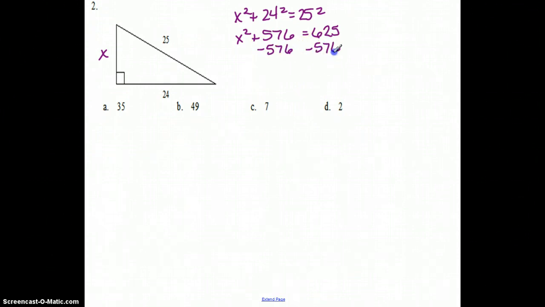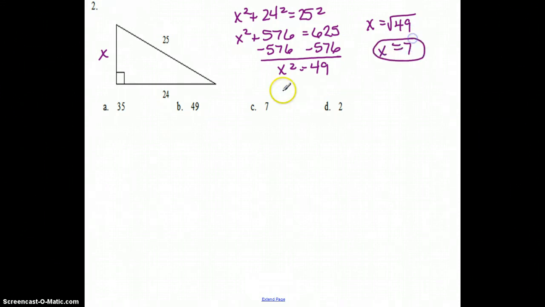Subtract 576 from both sides. That will leave me with 49. So the square root of 49 would be what x would be, so my answer would be 7. So my answer here is C.